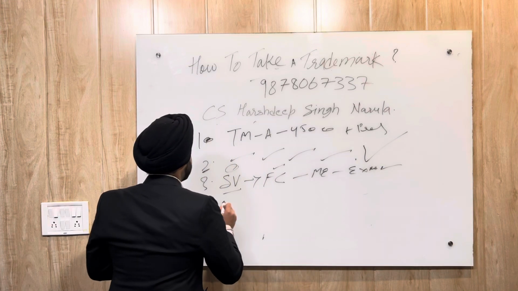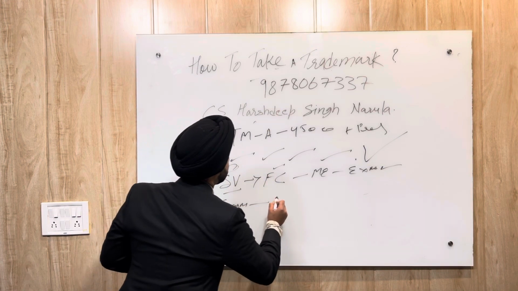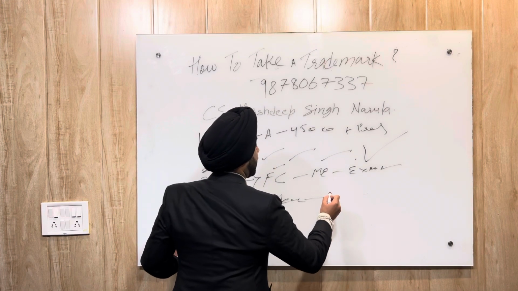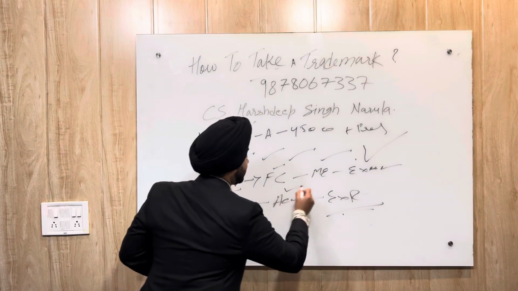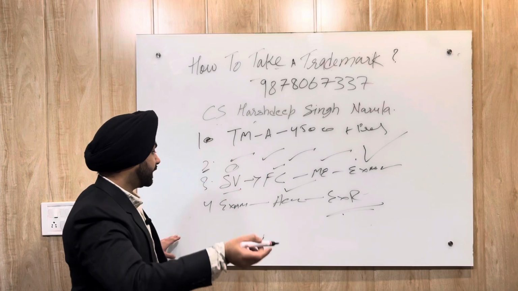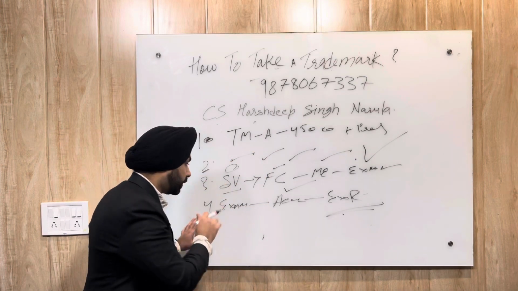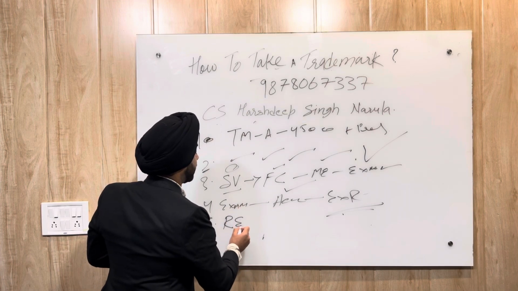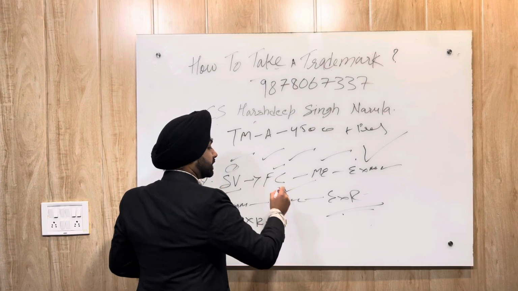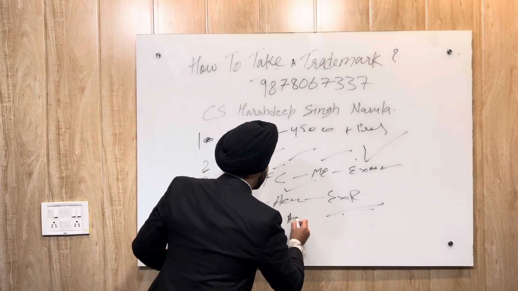Under examination, it will either be accepted or it will be marked with an examination report, that is your objection. If it is accepted, I'll tell you what happens after it gets accepted. If it's an examination report, you will file a reply to the examination report. If the officer is satisfied, it will be accepted.